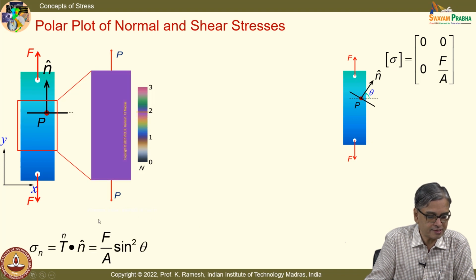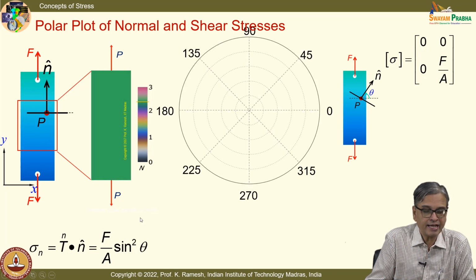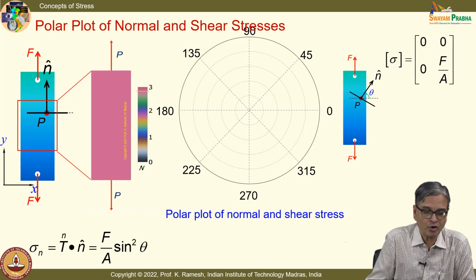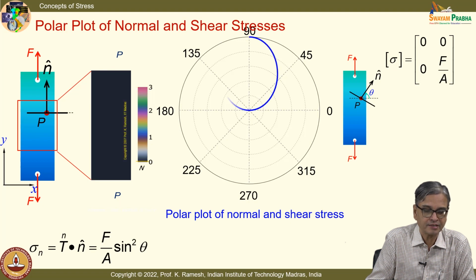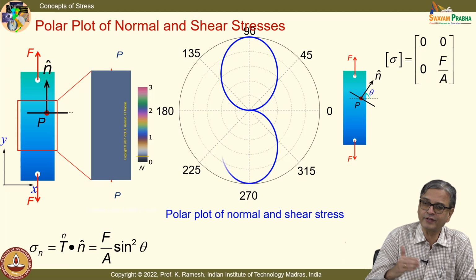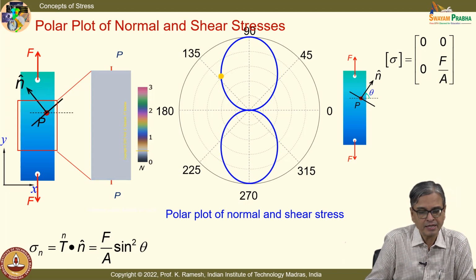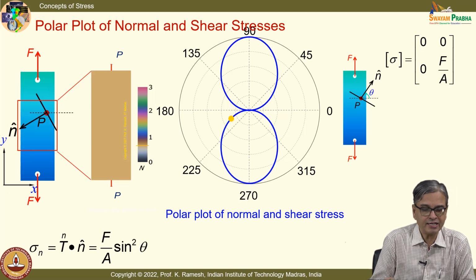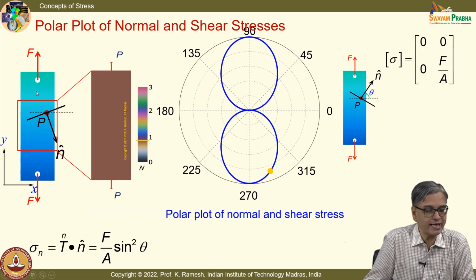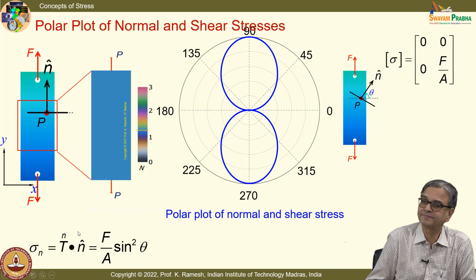Now, I am going to put it in the same graph. I have the normal stress expression as F by A sin squared theta. I have the normal stress plotted like this. So, this goes from 0 to F by A, and you have various points put here, and you also have the associated plane that is also animated.